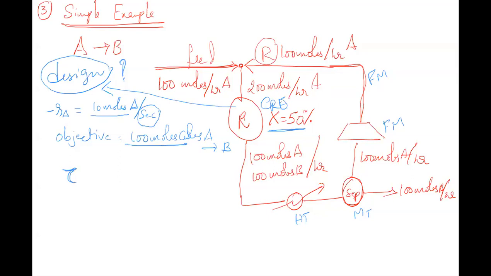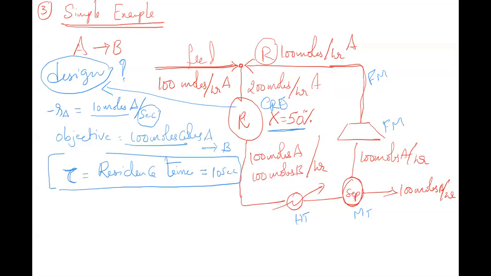Tau is called the residence time. Simple math: I need to keep the molecules for 10 seconds. This is what is meant by the design of the reactor.